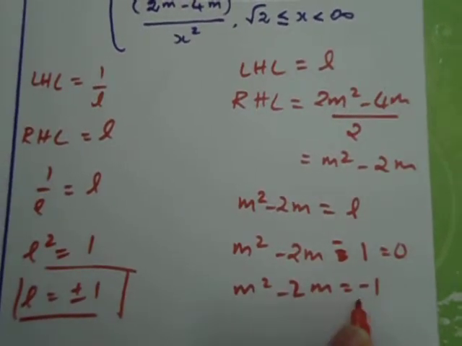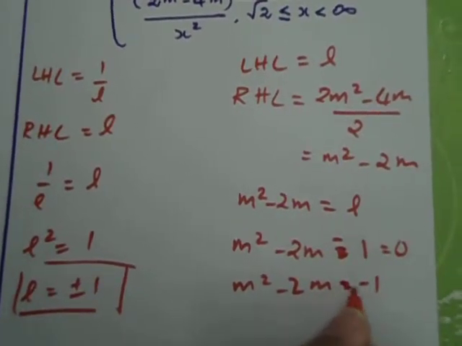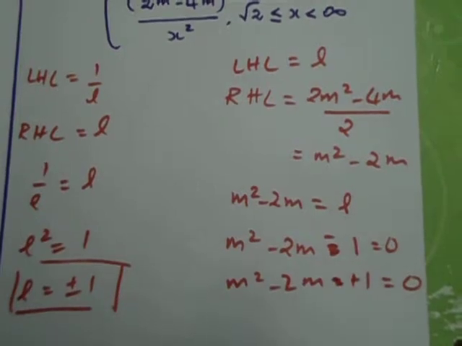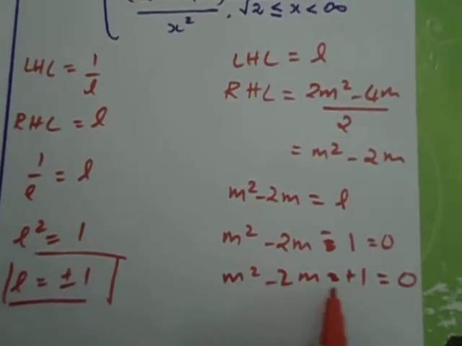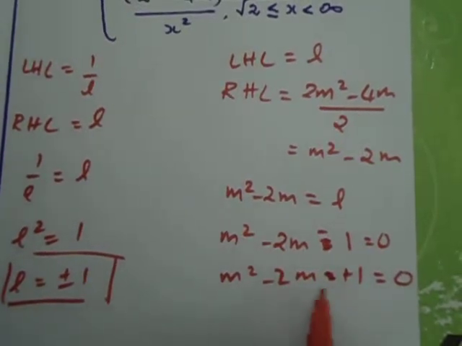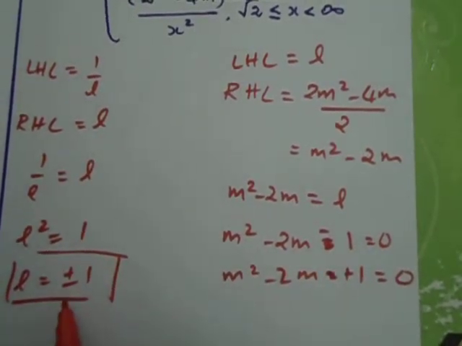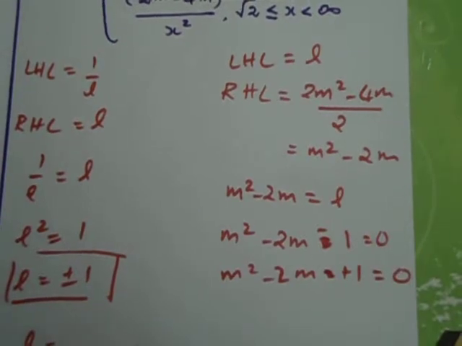And here if we check, this becomes plus 1 is equal to 0. So when you check the roots of this equation, they are real roots, which means L cannot be equal to plus 1, L is equal to only minus 1.